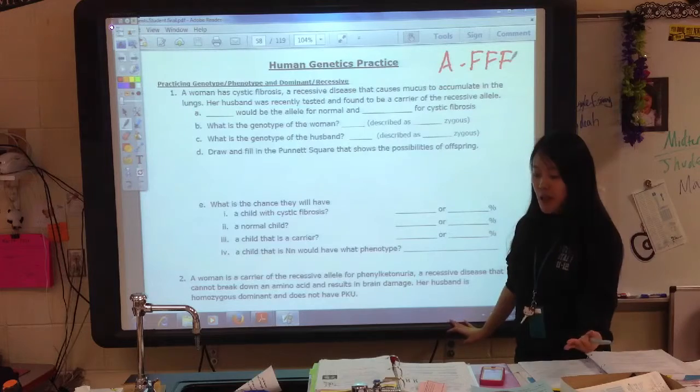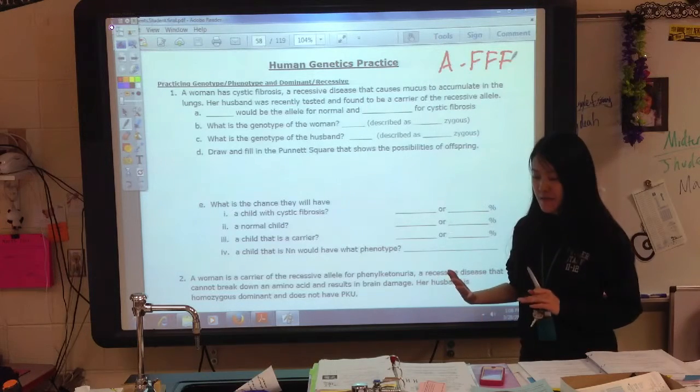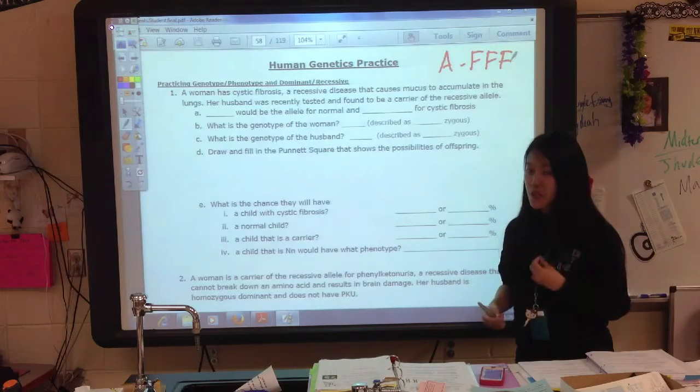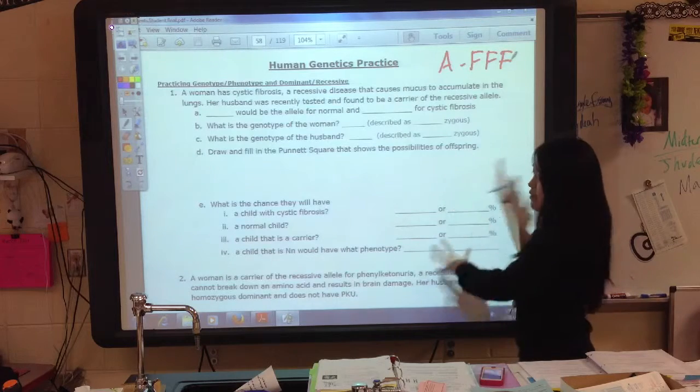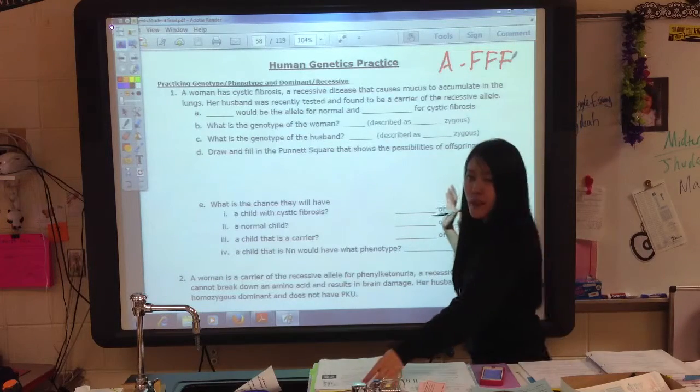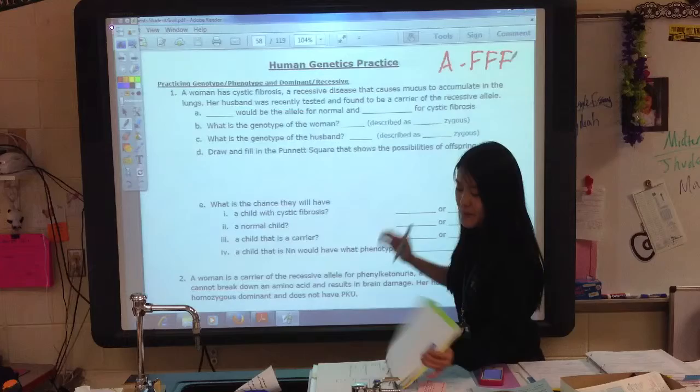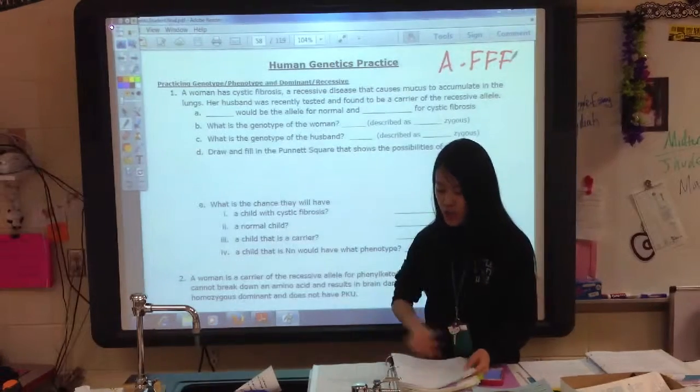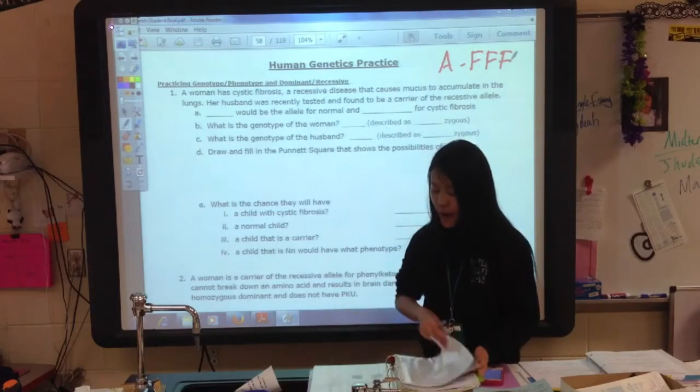Things are either going to be dominant or they're going to be recessive. I do want you to make sure that you have your notes still out. So take out this page. This page is actually right behind that alleles assignment that we started on earlier in the unit.